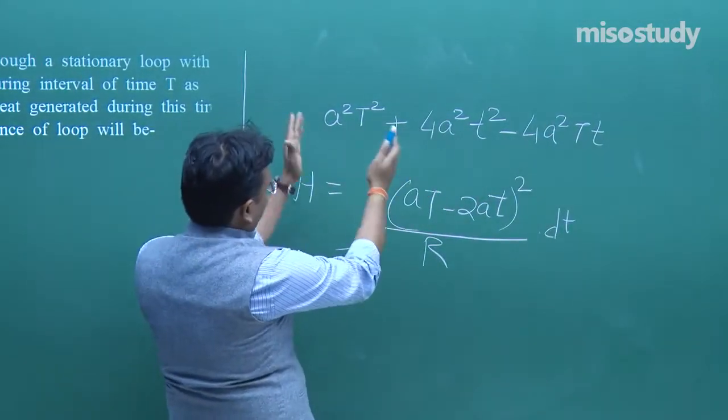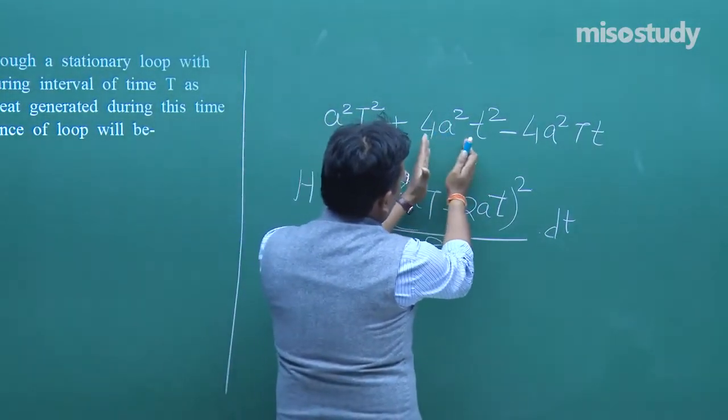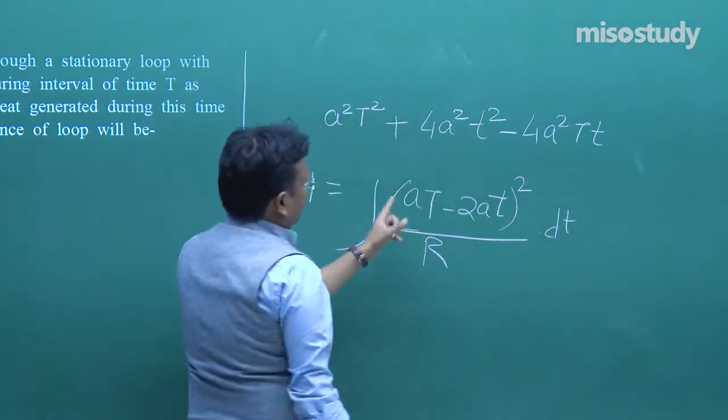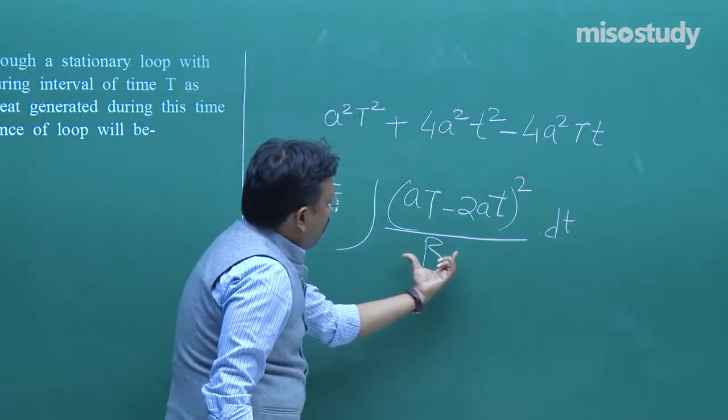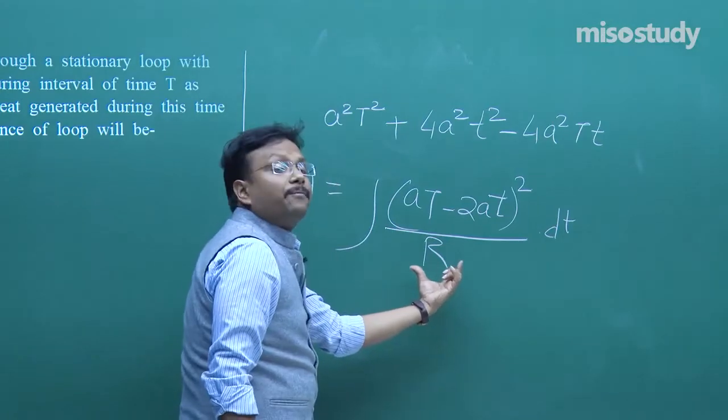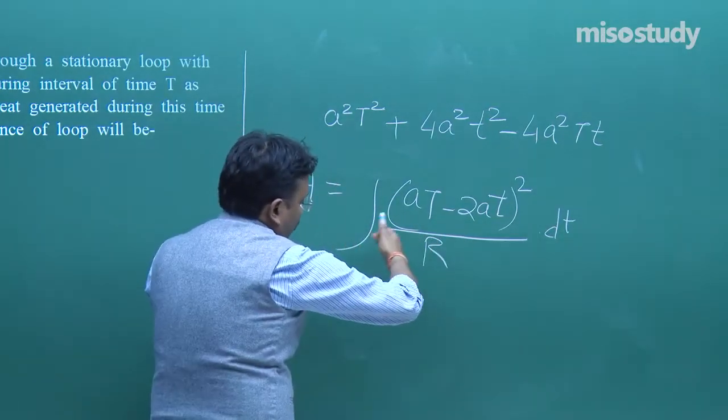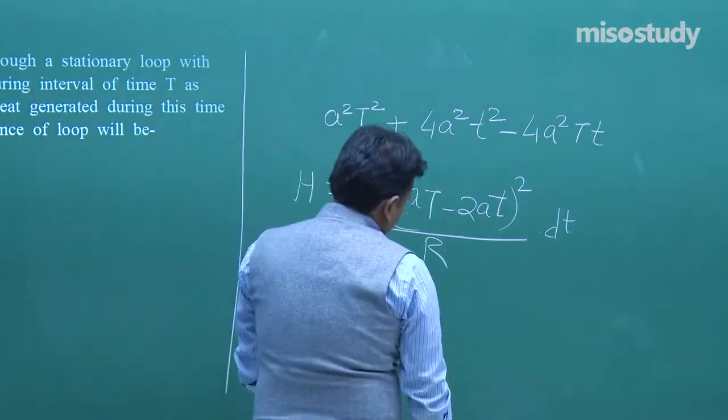So, ultimately one term, two terms, three terms, you have to integrate with respect to time. Over here the resistance is something which is constant, so please put it outside, fine.